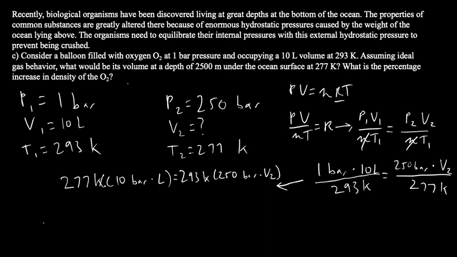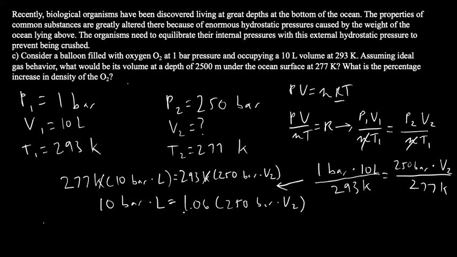So these K's cancel out. We can divide by 277 to get 10 bar times liter equals 293 over 277, which is about 1.06. We can divide by 1.06.